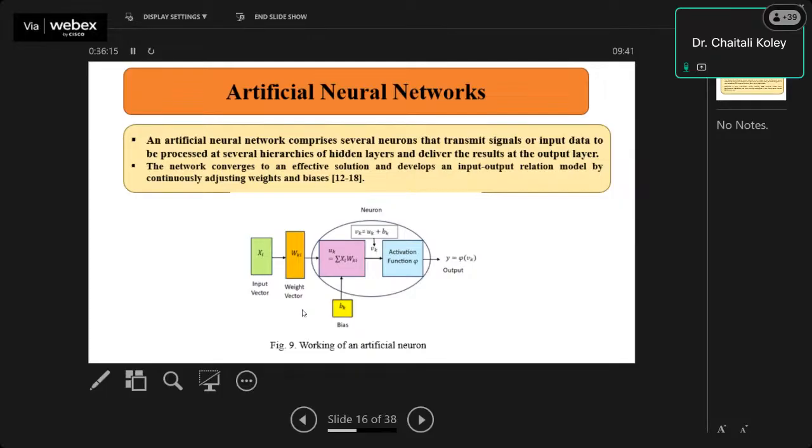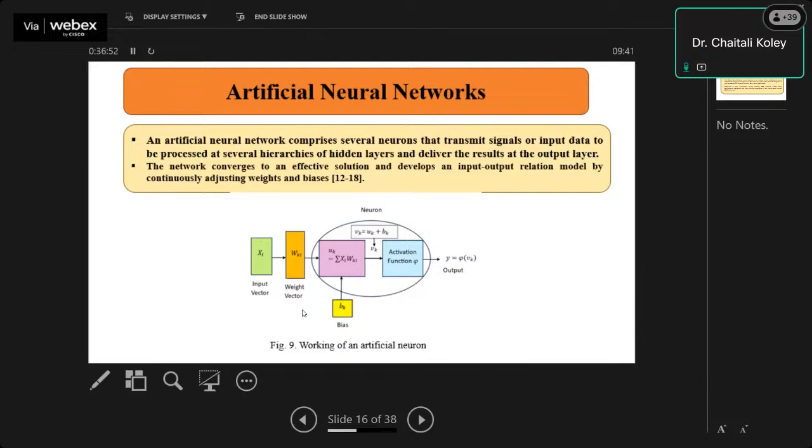This is the weight vector, and the neuron can solve a particular problem because the weight usually excites or inhibits the signal being communicated. The output signal, produced after combining the input signal and the activation state, may be sent to the other unit.